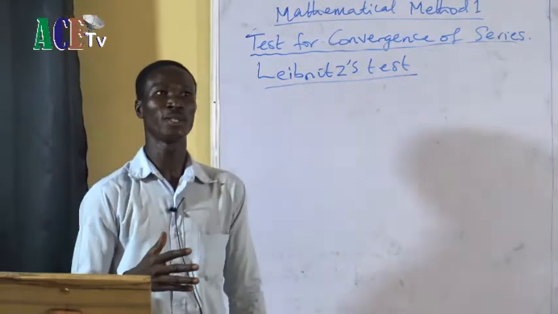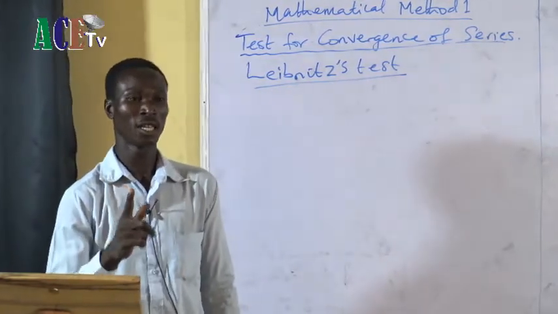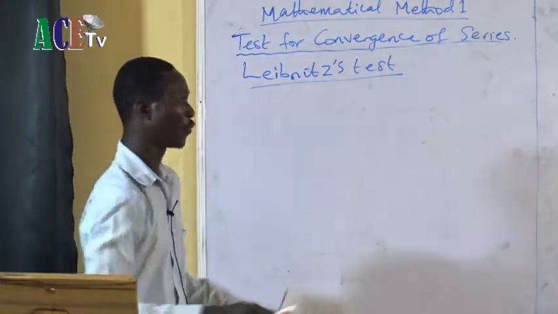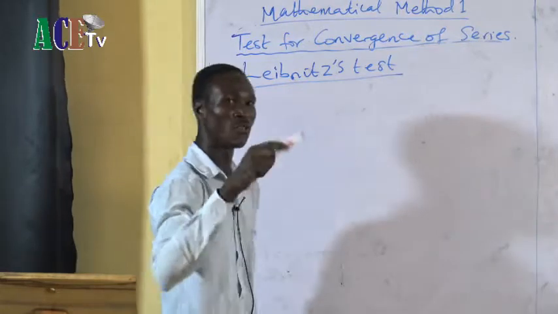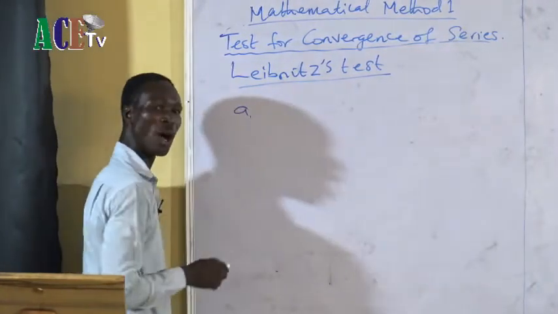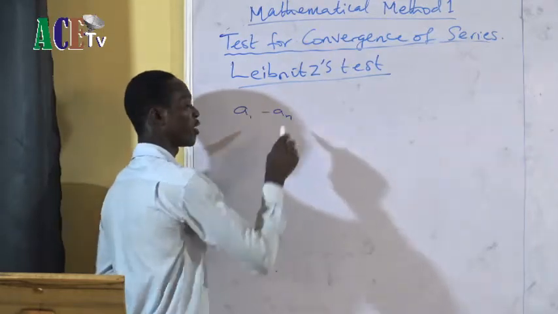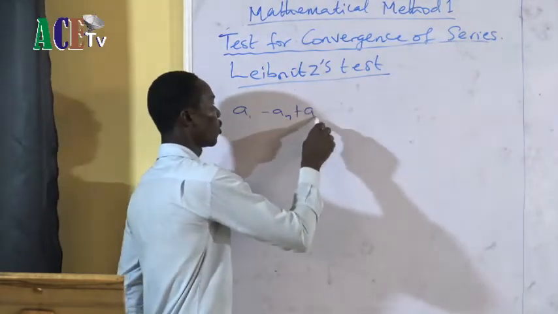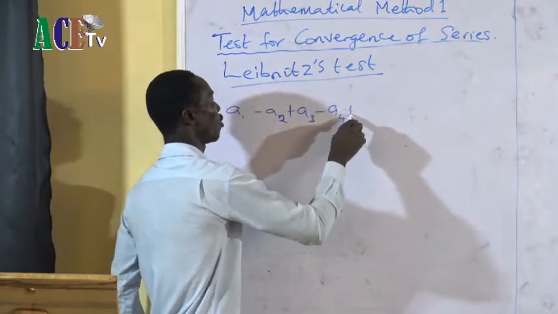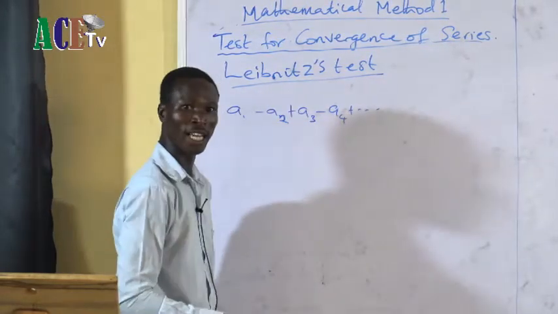And that one comes from one type of series, the alternating series. I think somebody will remember here. Don't forget, we have defined the alternating series where we said A1 minus A2 plus A3 minus A4 and so on and so forth like that.